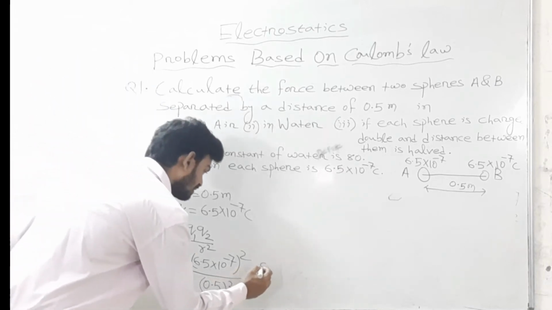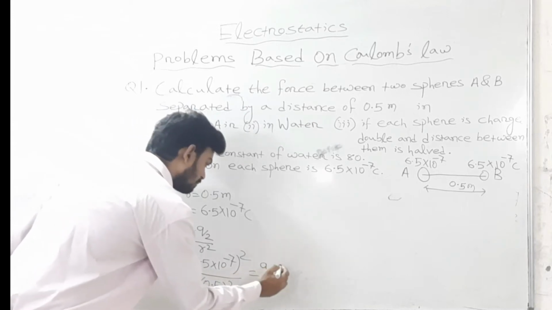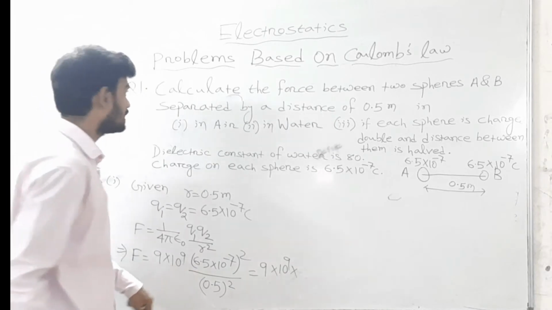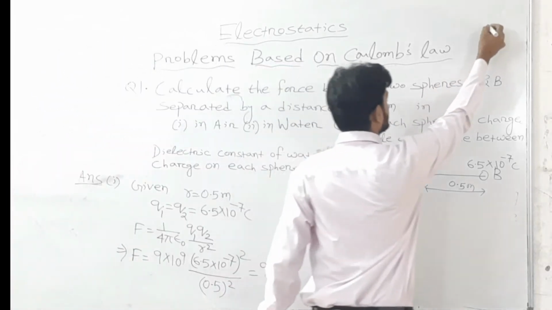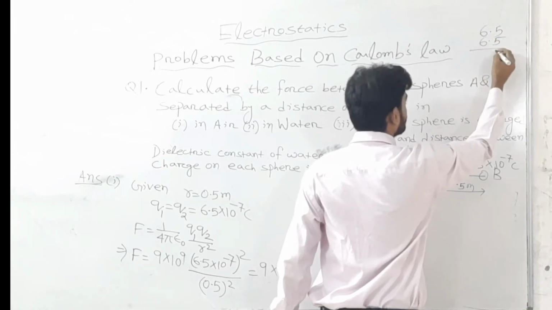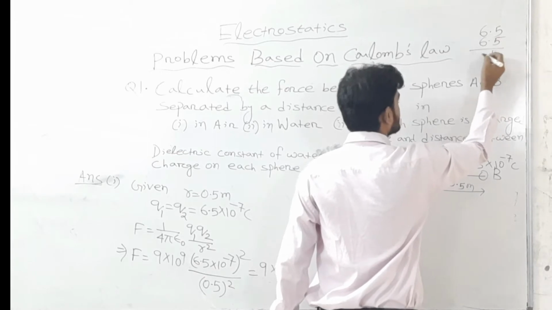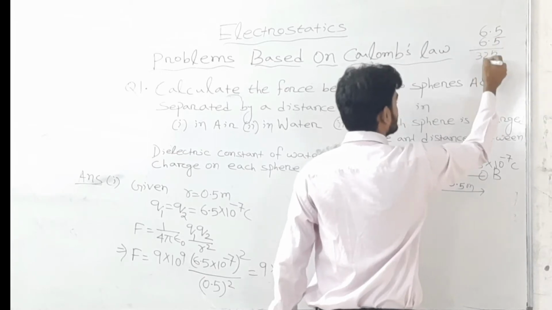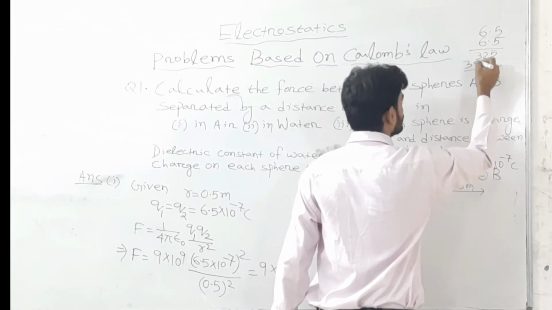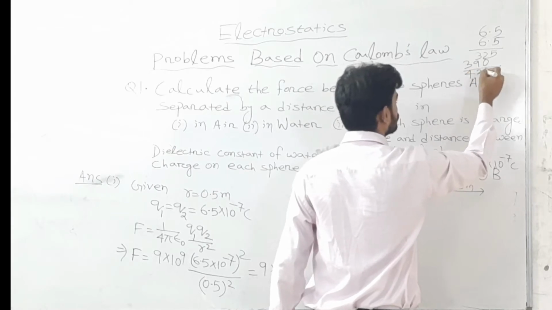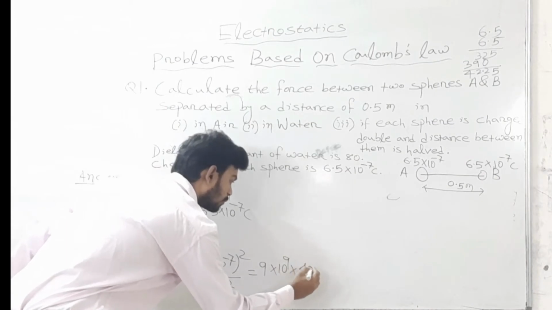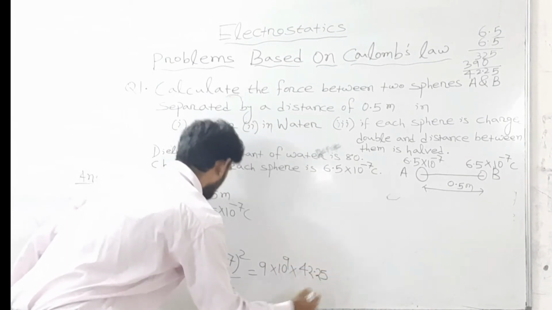Now we have 9 into 10 to the power 9 into the square of 6.5. Multiplying 6.5 by 6.5, we get 42.25.